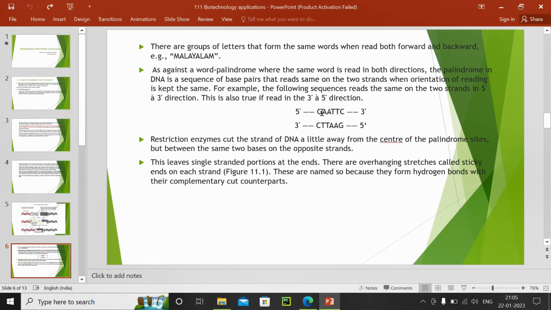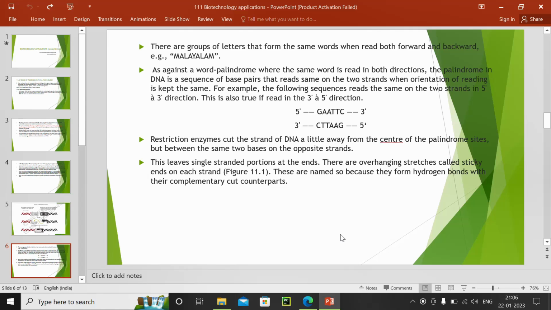Here it cuts the DNA in the palindromic sequence in between two bases, G and A. And again on the opposite side, in between G and A, the restriction enzyme cuts. So this leaves a single-stranded portion at the end.